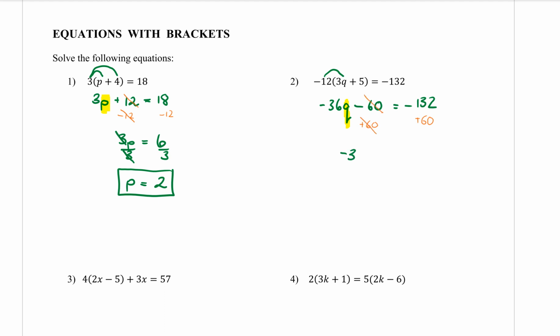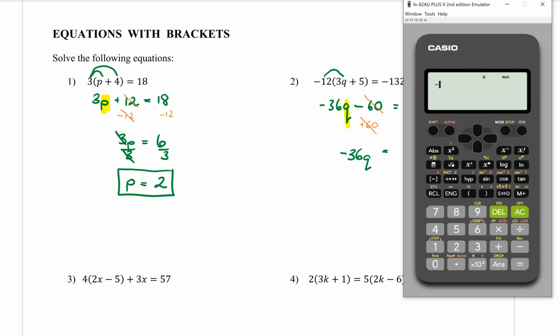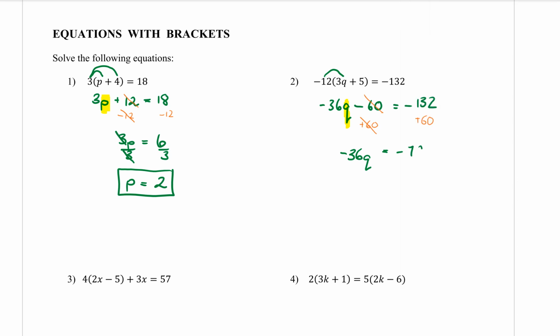Minus 36Q and minus 132 plus 60 is minus 72. Okay, next step, I still have one more number with my Q there, which is the negative 36. Now, even though it's a negative number, it is next to the Q, which means it's multiplied.